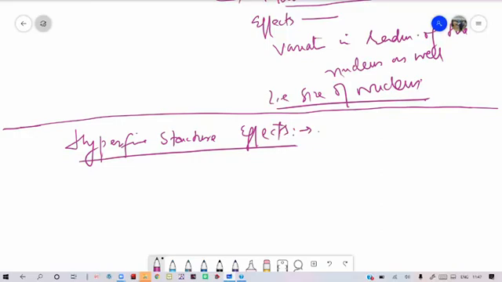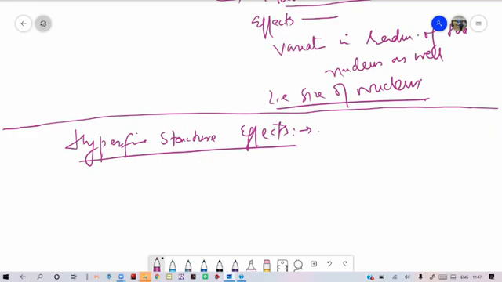So hyperfine structure effects are those effects which arise due to the interaction between the internal magnetic field produced by the orbital motion of the electrons in the atom and the spin magnetic dipole moment of the nucleus.